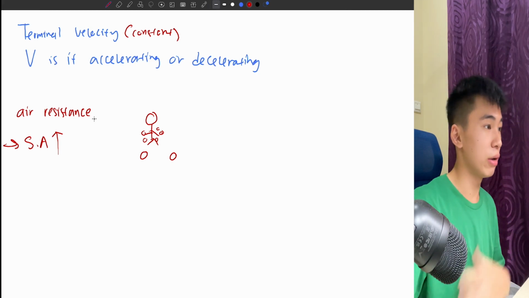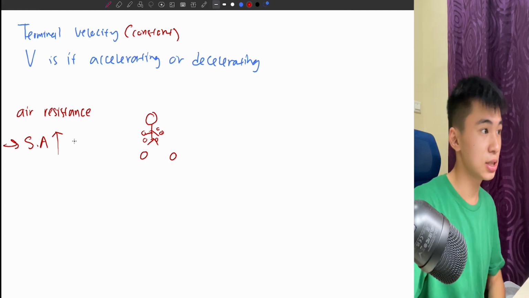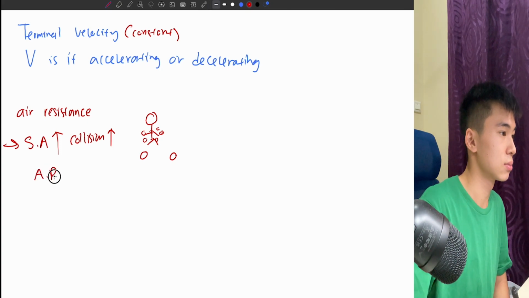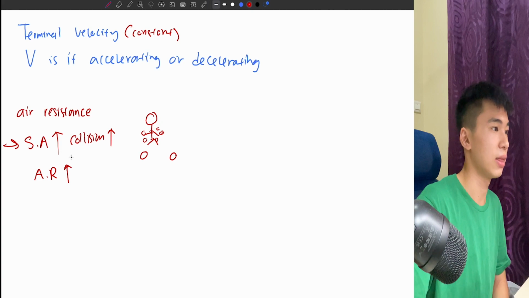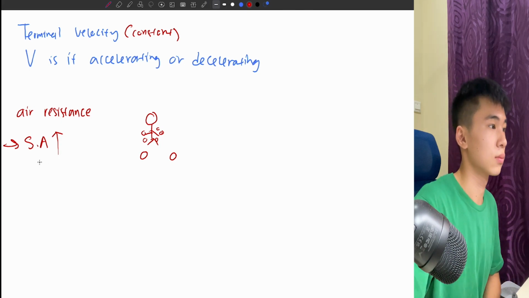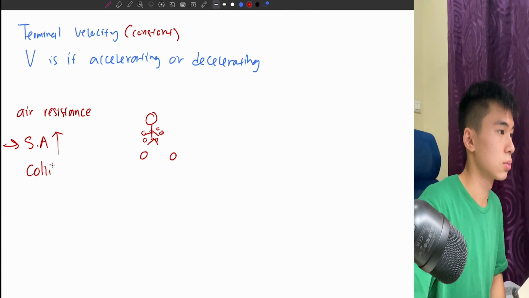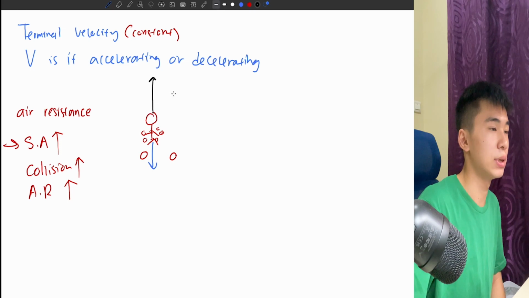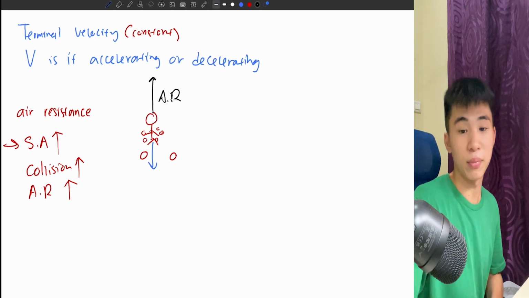So if the collision increases, the air resistance, or drag force, increases as well, which means this is your weight and this will be your air resistance, short form AR.